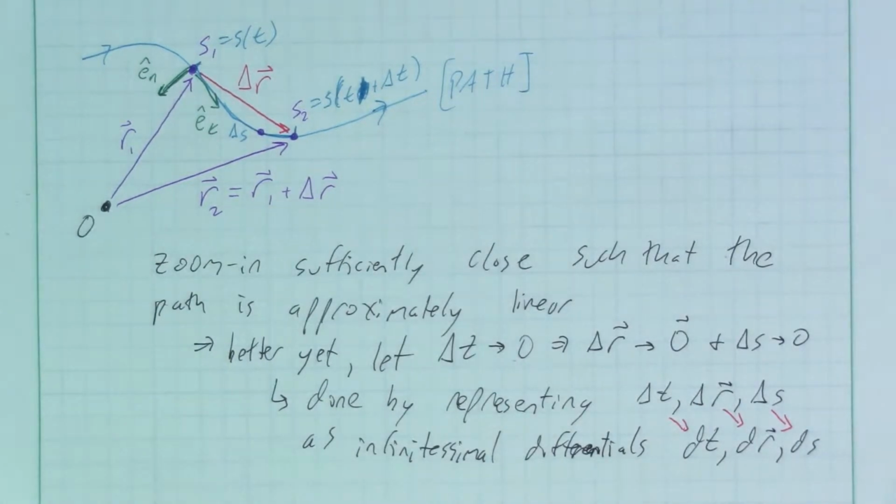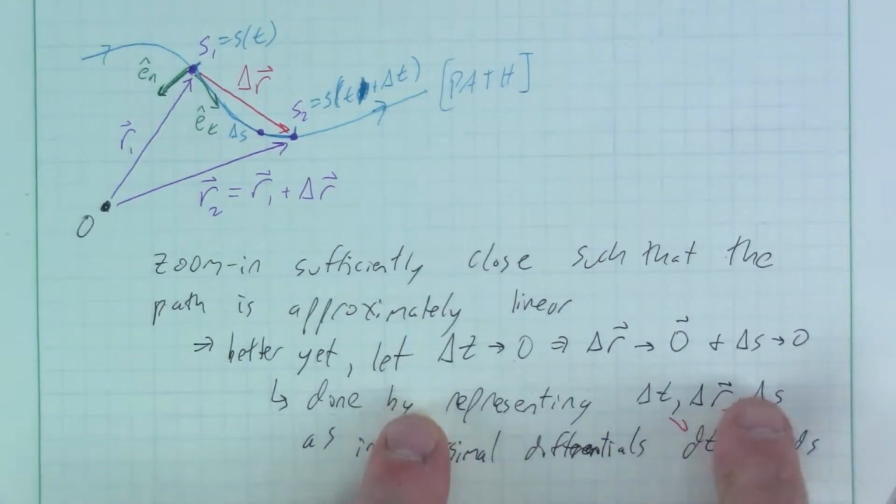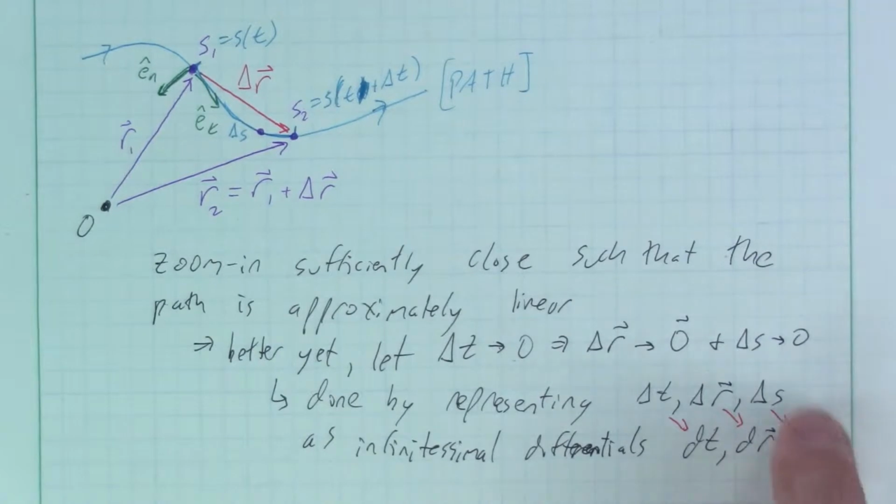So the point is that we're driving them all to 0, but if we ever have a question about what is the rate of delta s to delta t as they drop to 0, then we have to write them as differentials and they become derivatives.